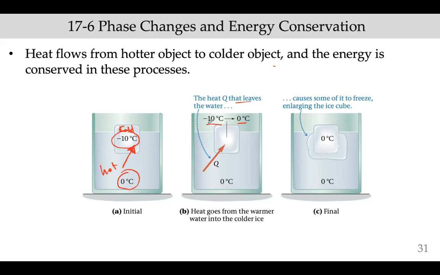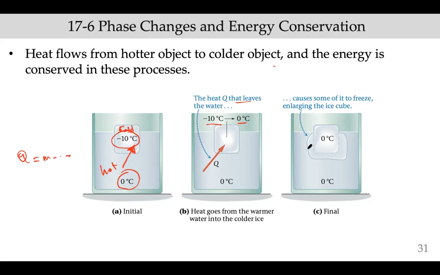Of course, this is not always possible, so it depends on the mass of the water, because you need to have enough mass of water to be able to provide that much energy. And as you remember, in all Q formulas, there's always mass in the other terms.